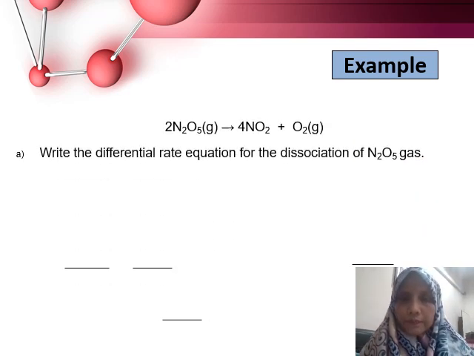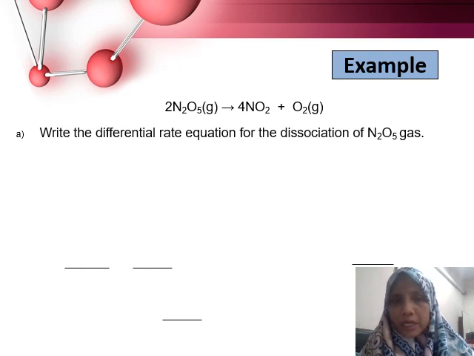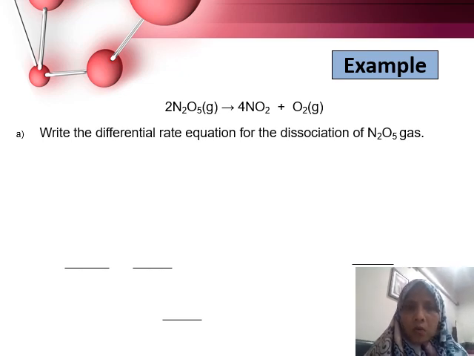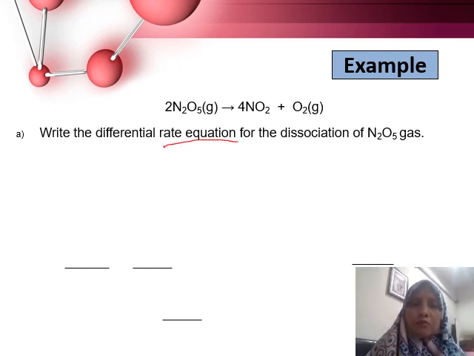So for example, we have 2 moles of nitrogen pentoxide producing 2 nitrogen dioxide and oxygen. Write the differential rate equation for the dissociation of N2O5. You must know that when the question asks for a rate equation, what I showed you just now is the way to write it.